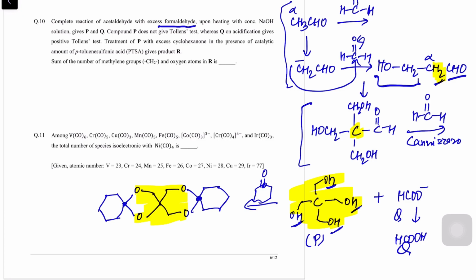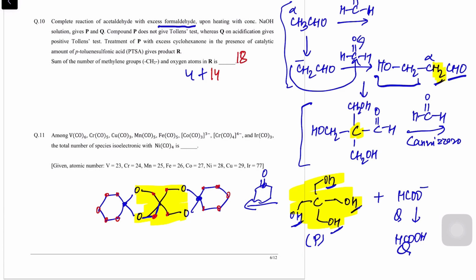You can count, there are 4 oxygen atoms, and the methylene groups are CH2. So this is 1, 2, 3, 4, 5, 6, and this is of course like this. Okay, so this is 7, 8, and this 9, 10, 11, 12, 13, 14. So this is 14. So the correct answer is 18.